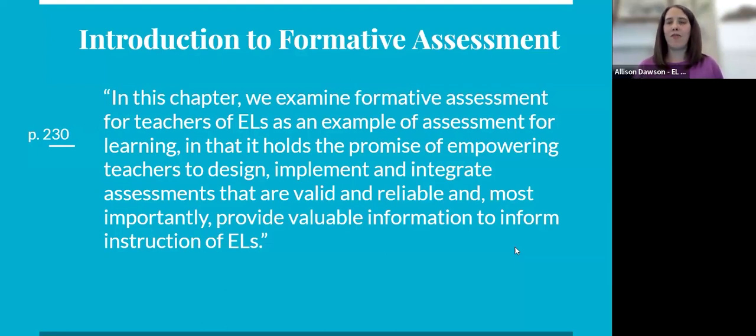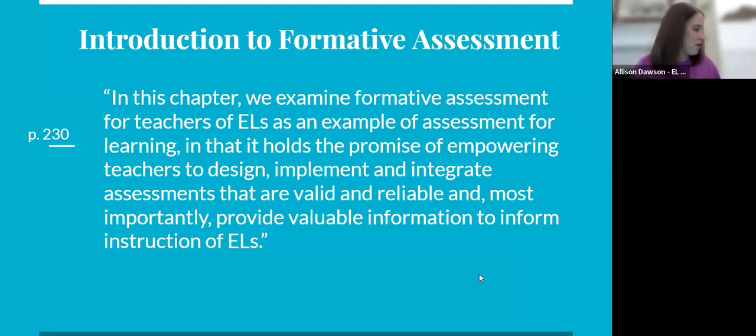That really stuck out to me, because the whole reason that we are spending our time thinking about formative assessment is so that we can impact future instruction of our English learners. So our focus today is going to be on designing formative assessments that are valid and reliable and helpful for planning future lessons.